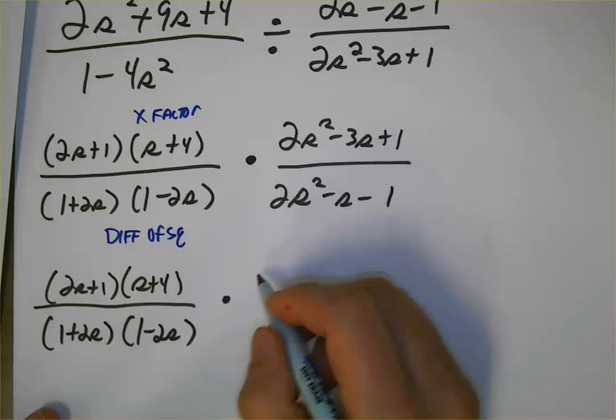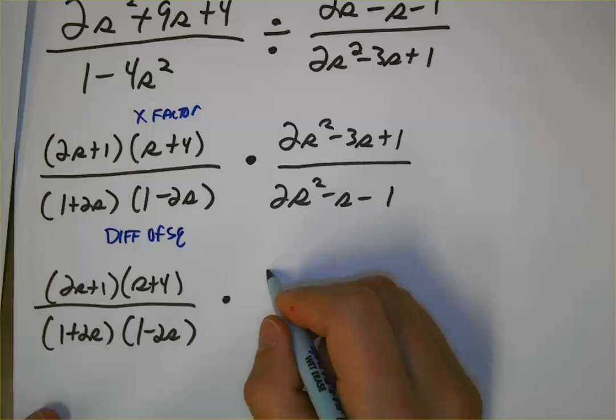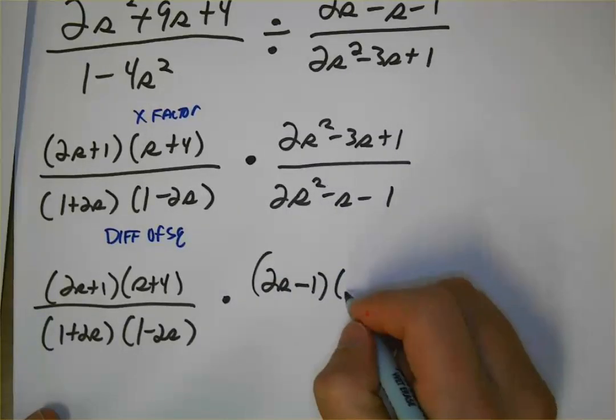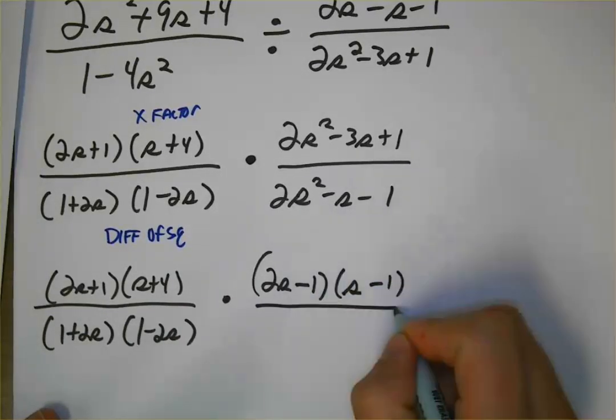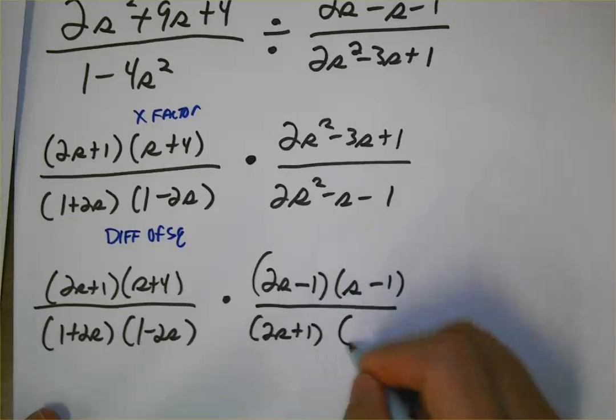And now this guy factors out to be 2s minus 1 times s minus 1, over 2s plus 1 times s minus 1.